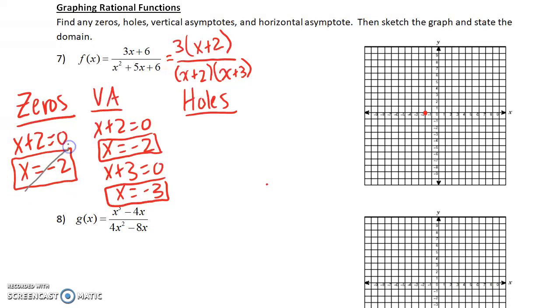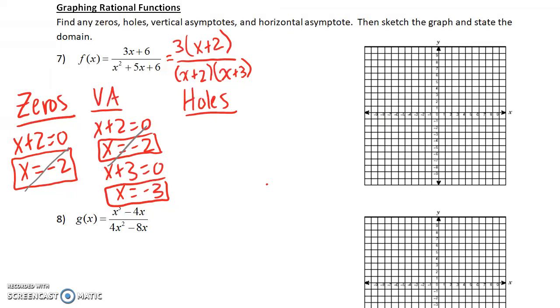So we are going to say, hey, these are contradicting statements. The zeros is saying, yes, my function is defined at that point. However, the vertical asymptote is saying, no, my function is undefined at that point. They contradict each other. So since they contradict each other, we have a hole. And we're going to draw a circle at x equals negative 2 on the graph.